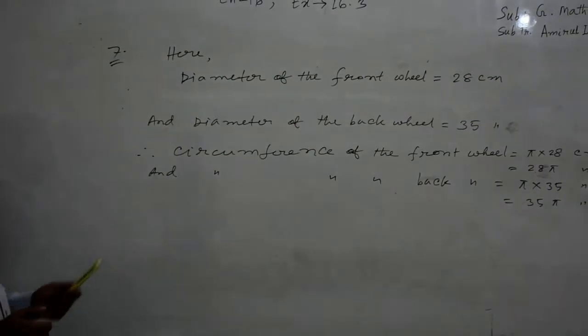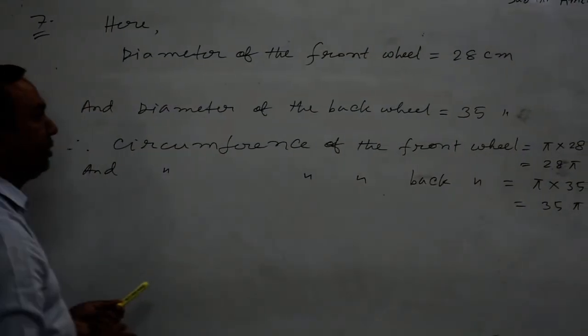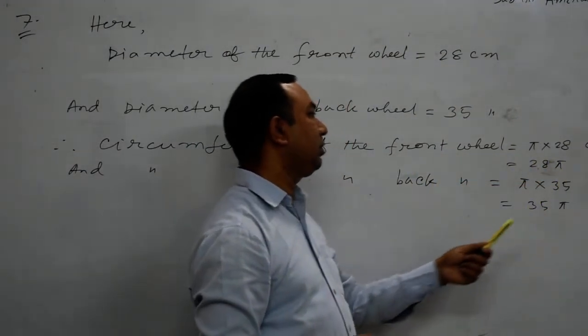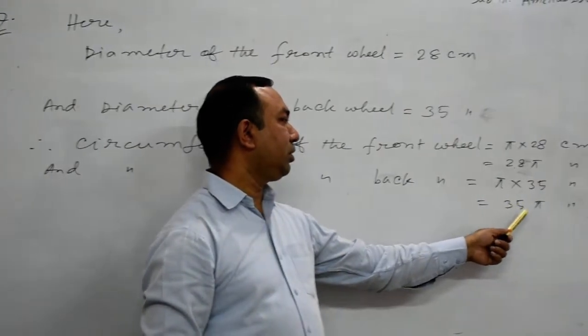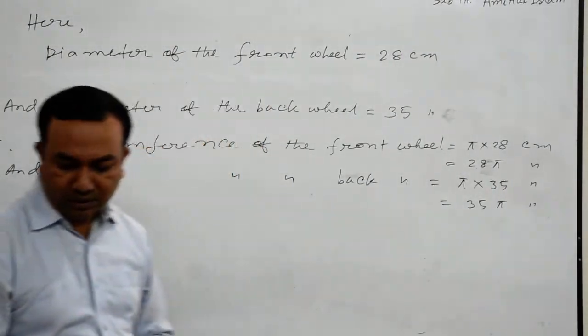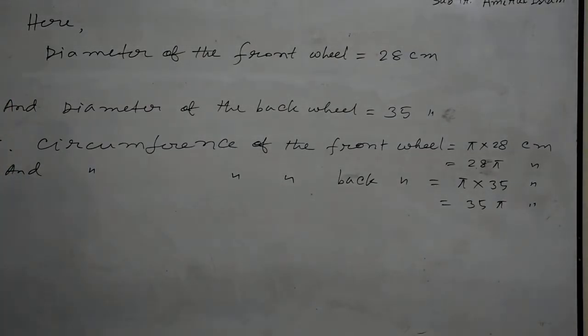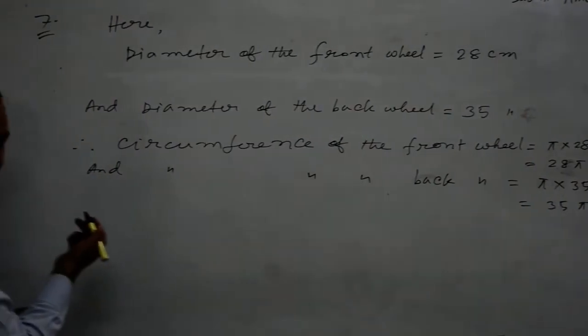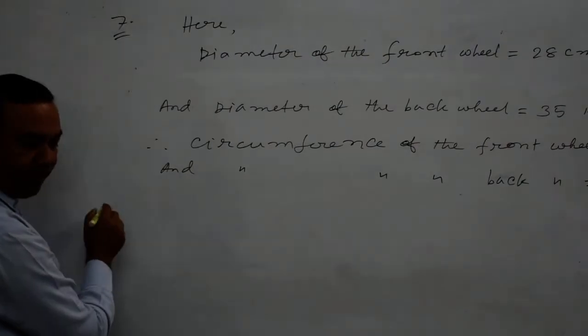So the front wheel in one rotation covers this distance, and back wheel in one rotation covers this distance. In the next part of the solution we will substitute the value for pi.